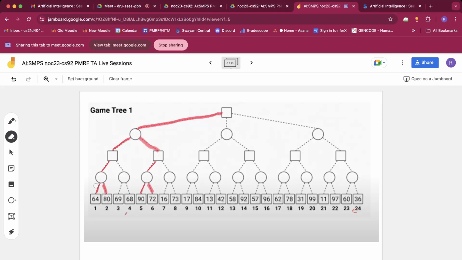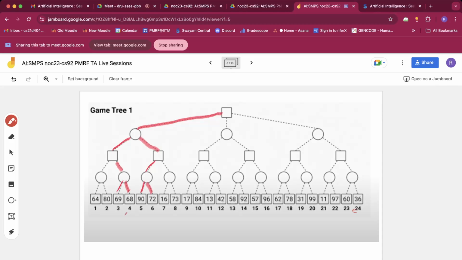Another strategy could have been if we had selected this one instead, right? Similarly, another strategy could have been if we had selected this one and this one, right?